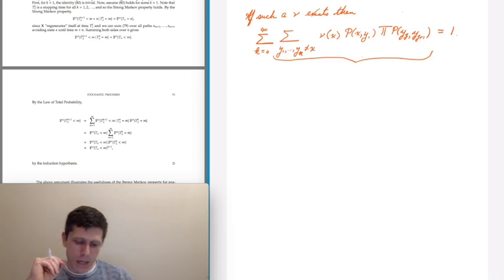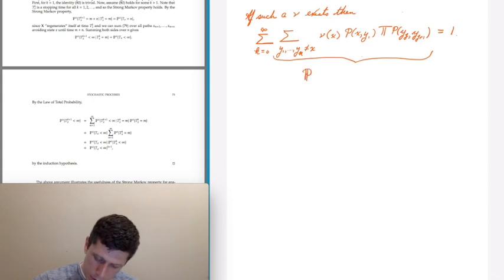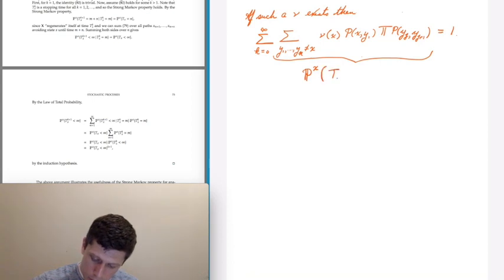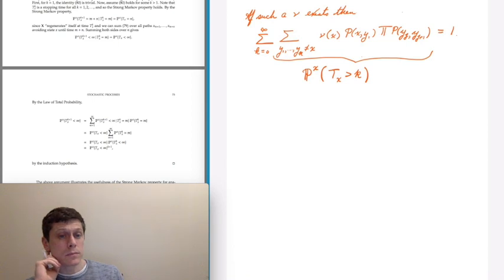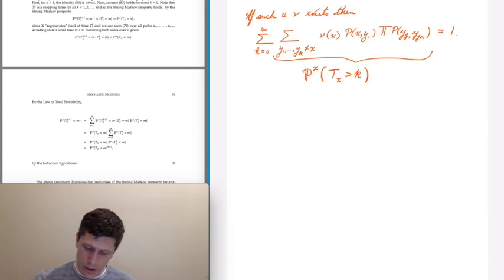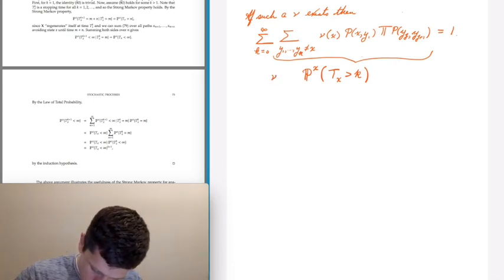Each one of these corresponds to the event that, given that we started in state x, it took at least time k to revisit x, because this is a sum over all possibilities. And we have a nu x out in front.